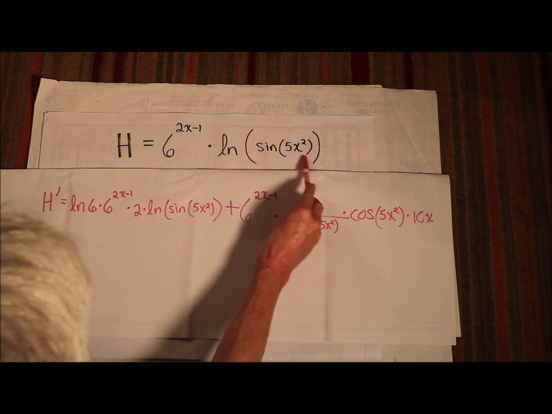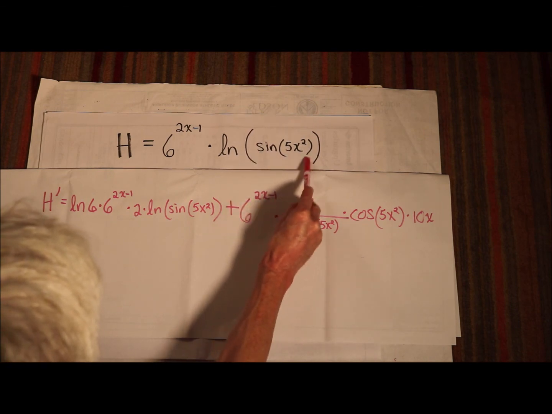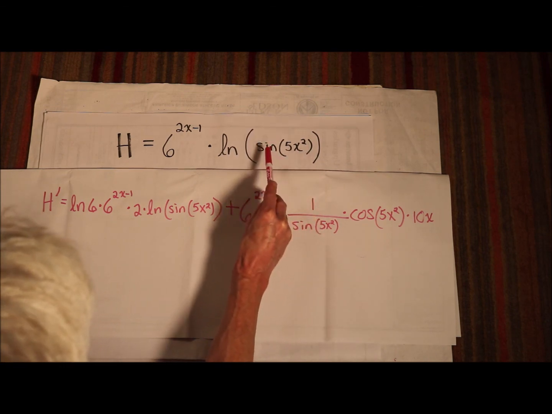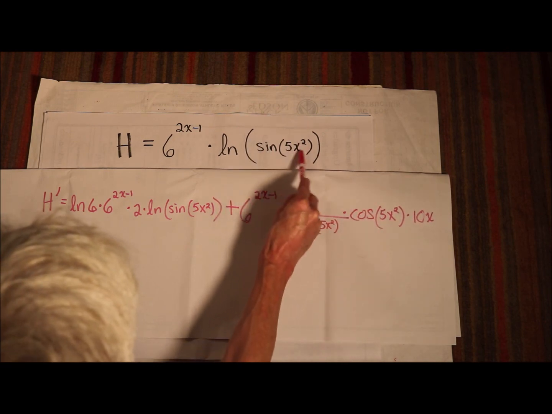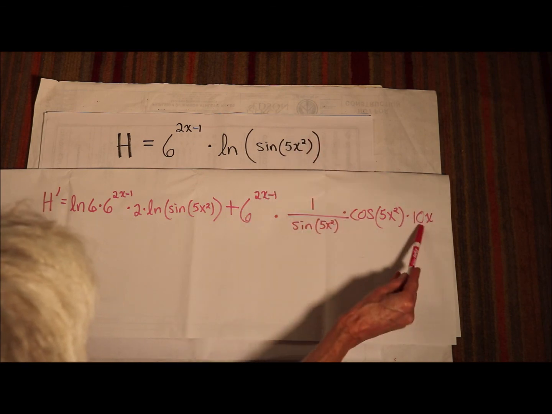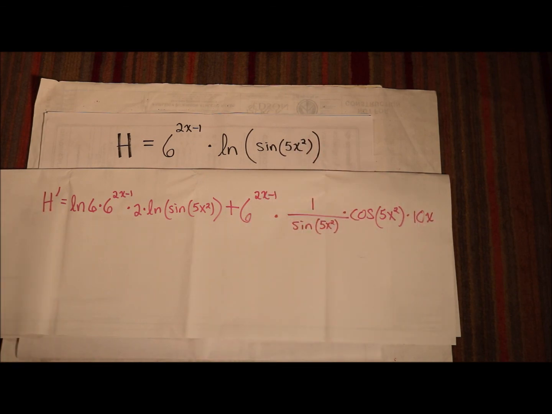Chain rule, we have a couple links, times the derivative of the inside, so the derivative of sine of something is the cosine of something, and then an inside of that, derivative of 5x squared is 10x.